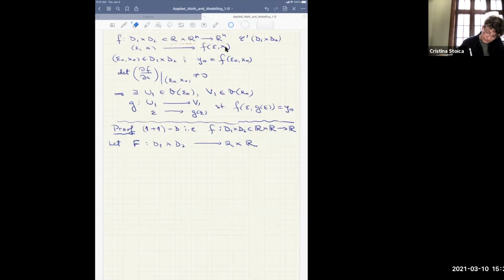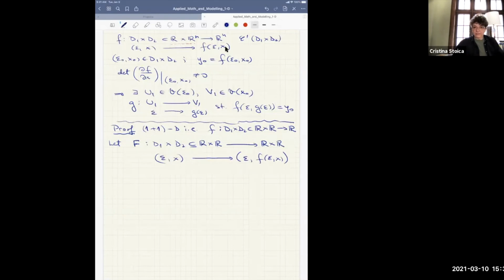This is in R cross R and goes into R cross R. So here I have epsilon and x goes into, and now I have an extra dimension on the right-hand side, so in there I'm going to put epsilon, and then here is our friend f of epsilon and x.